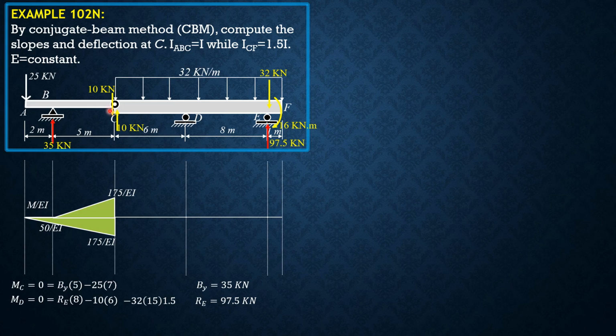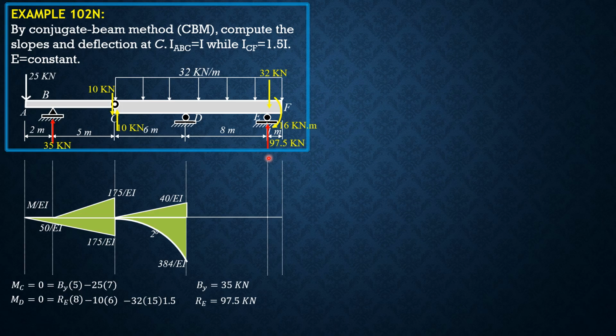Then at D, we have 10 times 6 divided by 1.5, which is 40 over EI. Then due to this loading here, 32 times 6 times 3 divided by 1.5, second degree. So that's 384 over EI.